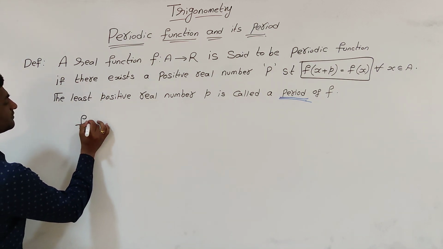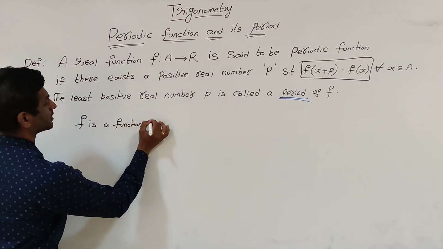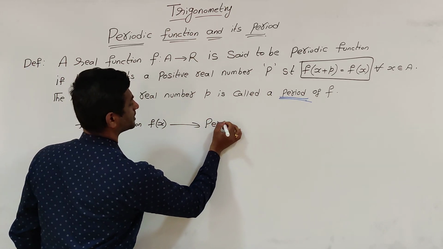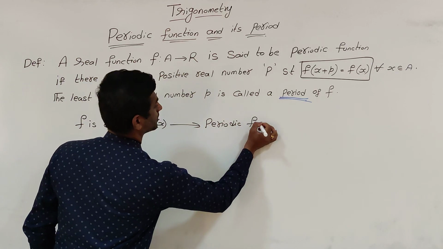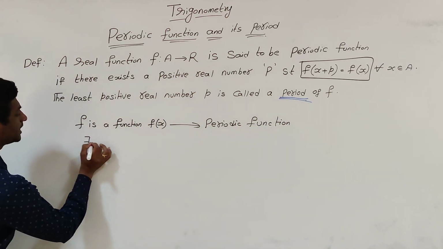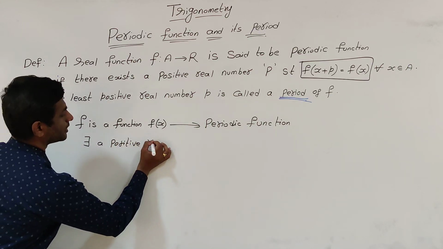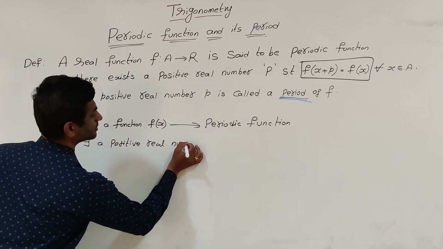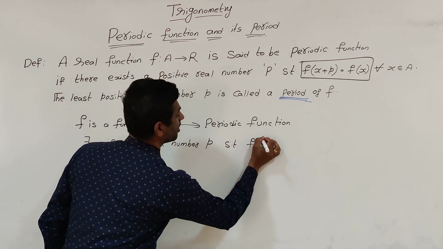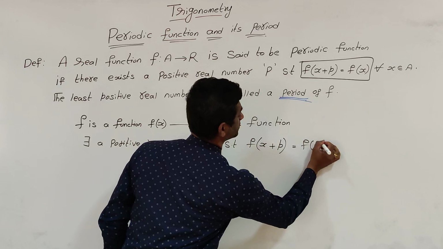Suppose f is a function. f of x is said to be a periodic function if there exists a positive real number p such that f of x plus p is equal to f of x.